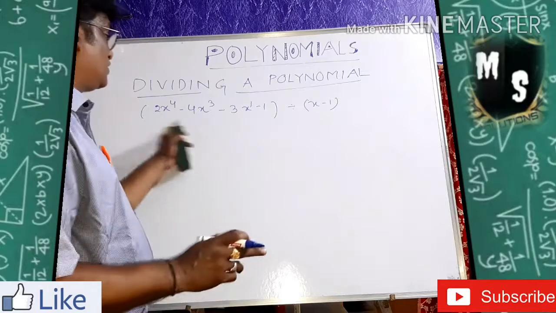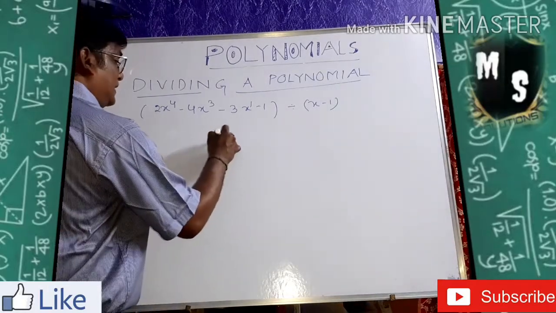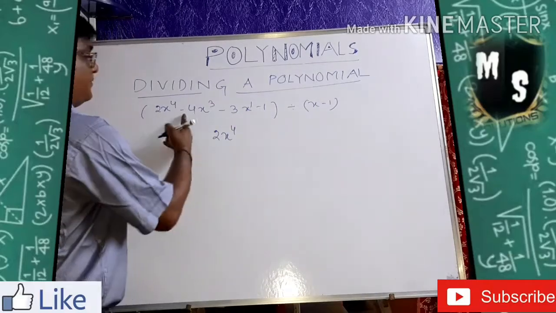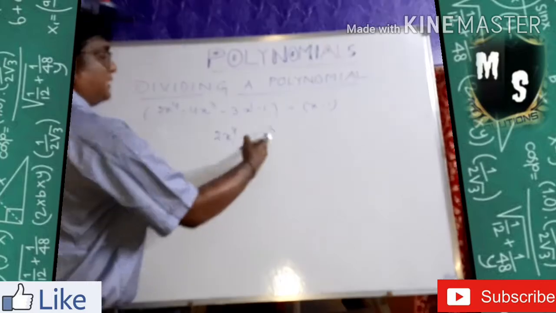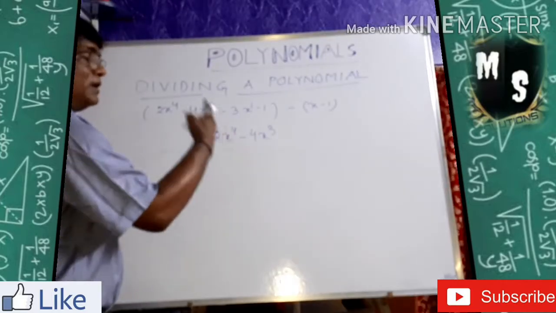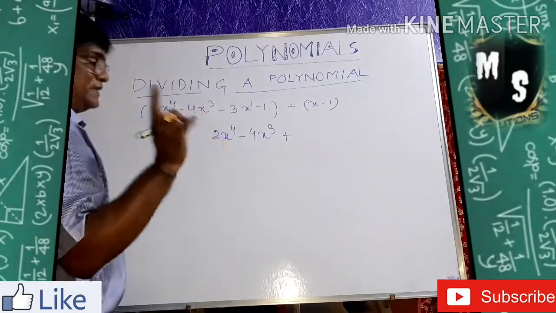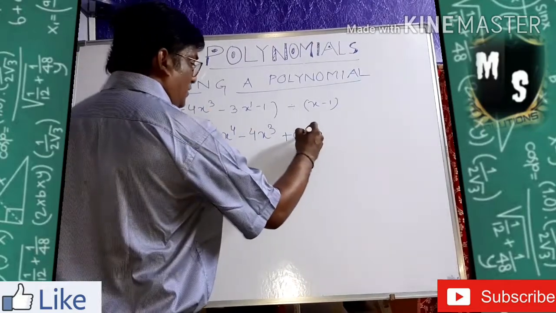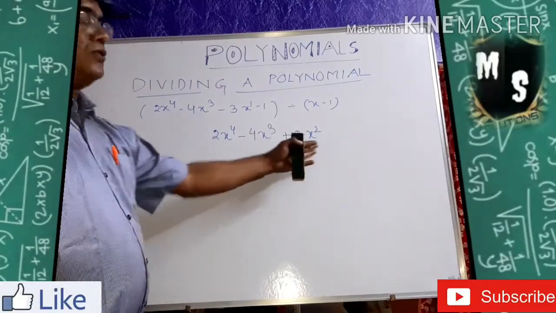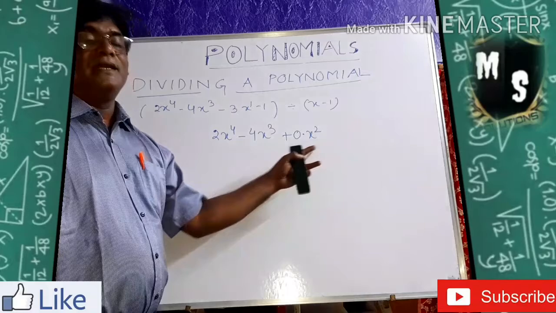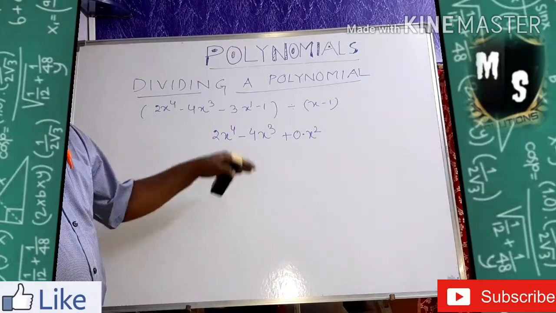So look at this question, how I am going to write it. My 2x to the power 4 is there, I wrote it. My minus 4x cube is there, I wrote it. But after that I must write the degree 2. Degree 4 is over, degree 3 is over. Degree 2 is absent, so I write 0 into x square. 0 into x square is 0, so it has no value now, but you have to write it like this to avoid the difficulties coming in the next step.